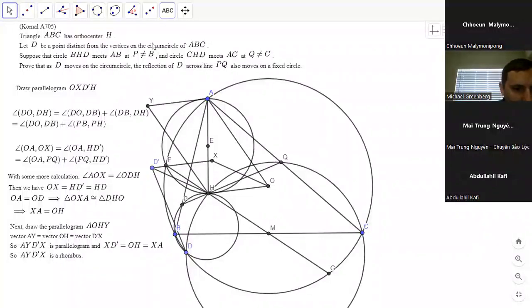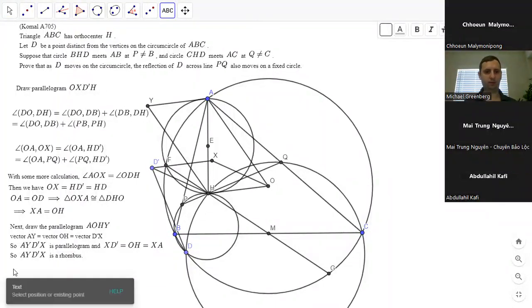I like that. But wait a sec. Y is fixed because vector AY equals vector OH.